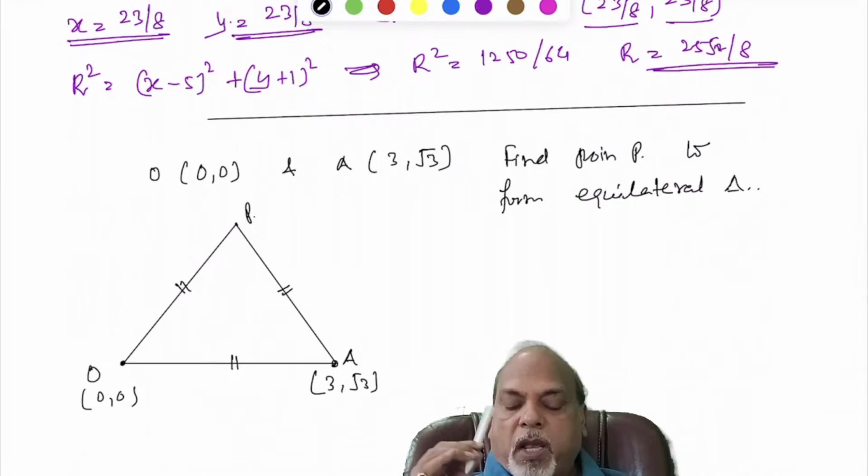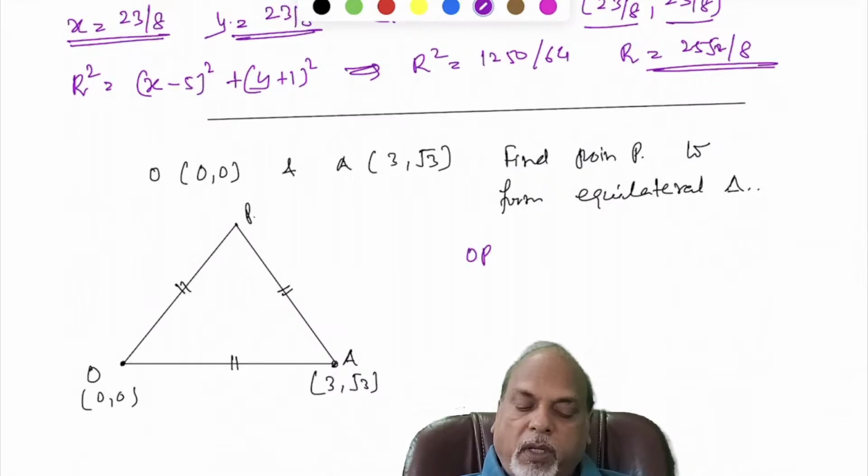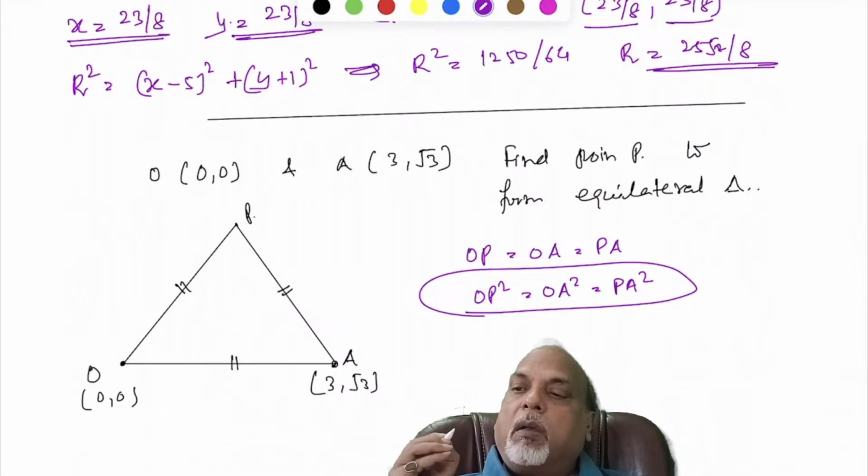Now we have to use the property of the equilateral triangle. What is the property of an equilateral triangle? Sides are equal. Means OP equal to OA equal to PA, or we can say OP square is nothing but OA square is nothing but PA square. We have to make use of this.